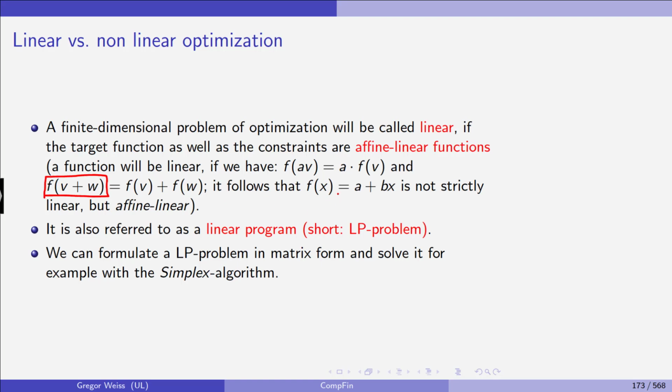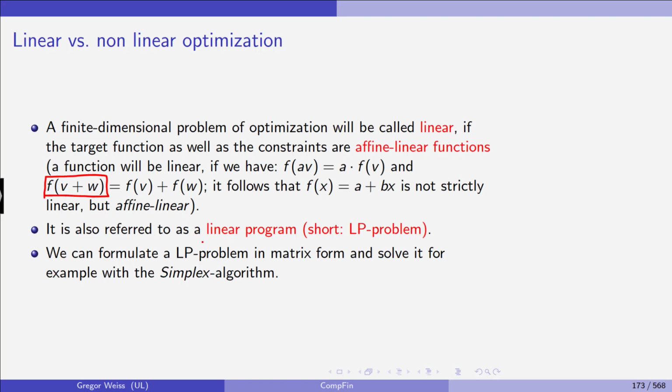However, a function f of x equals a plus bx is strictly not linear, but it's affine linear. It's a linear function plus a scalar. So all those functions here in our optimization, if it should be called linear, the target function and all constraints should be linear, more precisely affine linear.